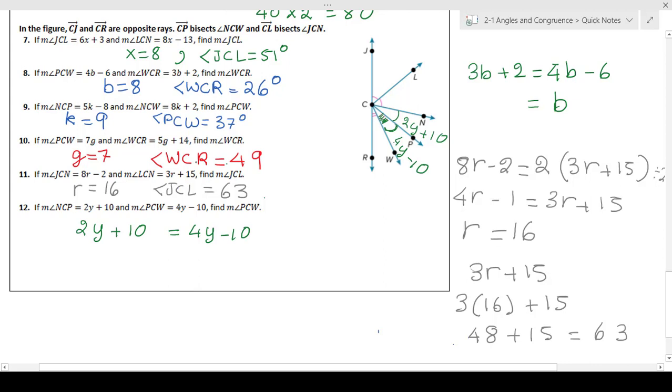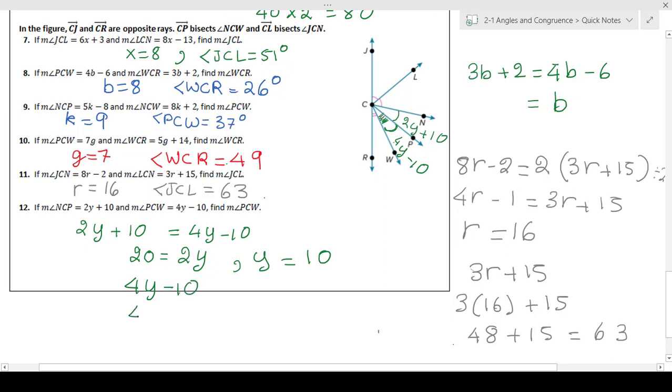So, I move the 2 to the other side. It will give me -2, so this will leave me with 2y equals 10 plus 10, which is equal to 20. So my y is equal to 10. And he wants the angle, so 4y minus 10.